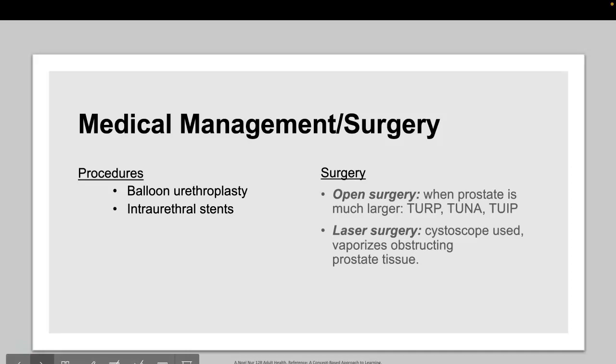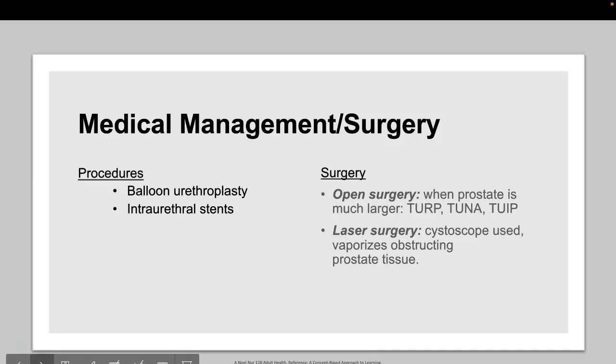They also shield and protect the urinary tract during this procedure. There's also a TUIP, transurethral incision of the prostate. This is where they make small incisions in the prostate. The gland is split to reduce pressure, and this is most appropriate for men with smaller prostates. So they just basically split the gland and it's going to reduce the pressure.